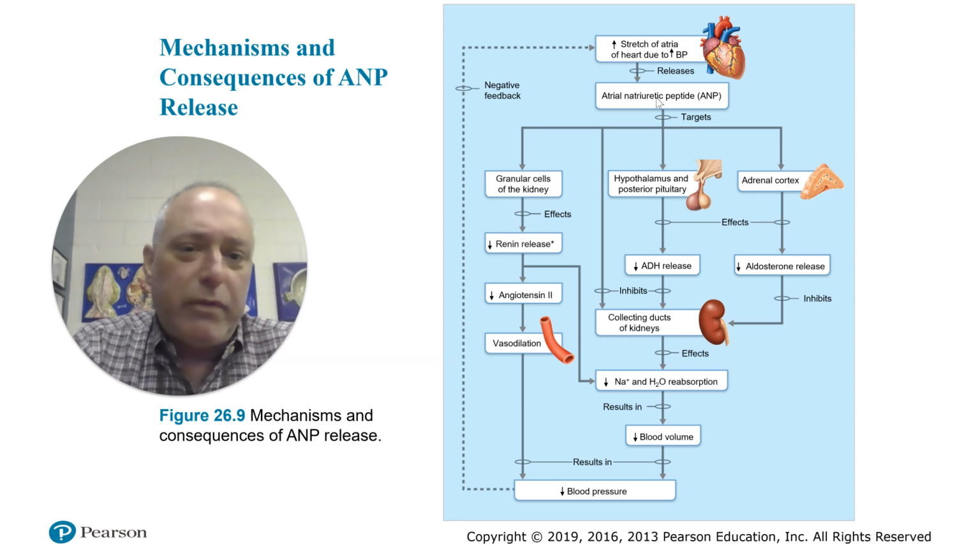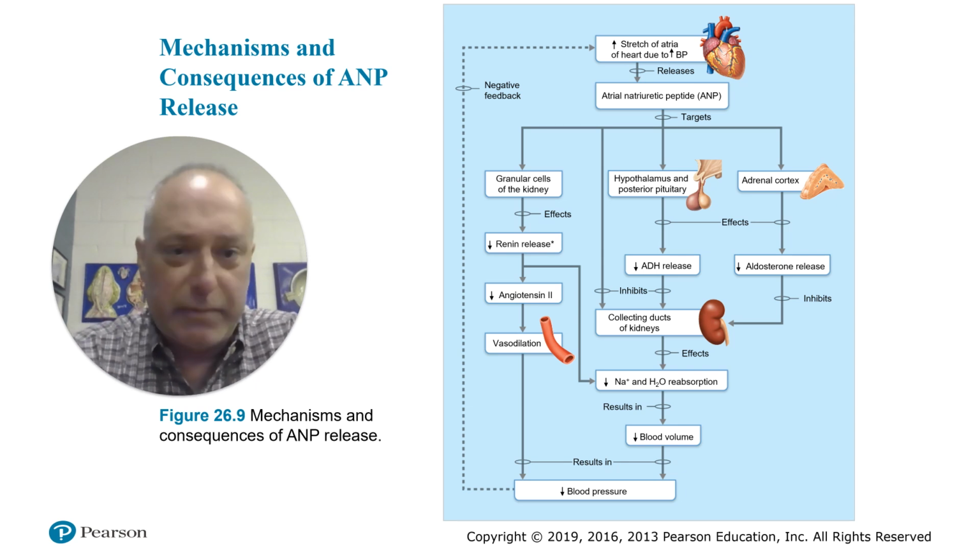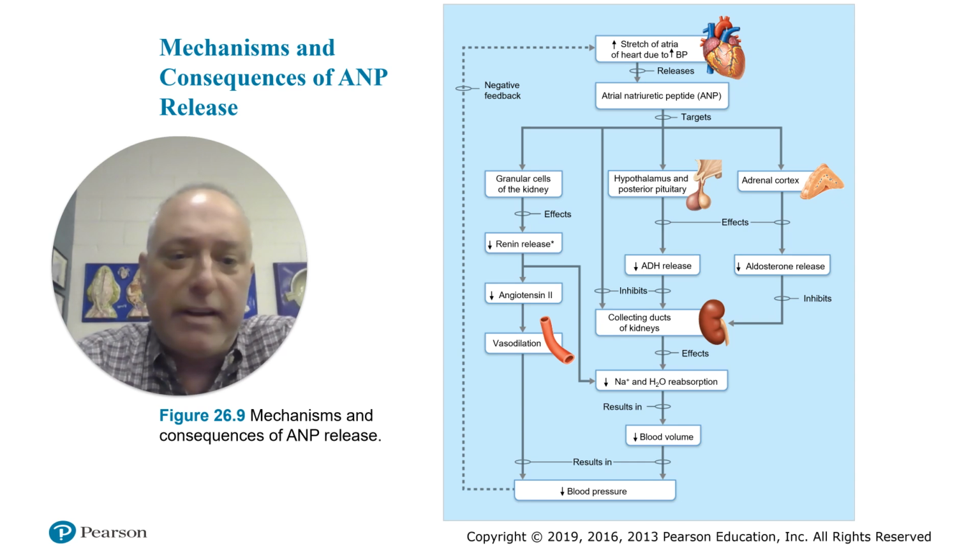Now, ANP also operates at the hypothalamus and posterior pituitary to affect antidiuretic hormone release. So when you've got a lot of blood volume, you're stretching your atria, you're releasing ANP, you'd want to decrease your antidiuretic hormone so that you lose more volume via urine or glomerular filtration.